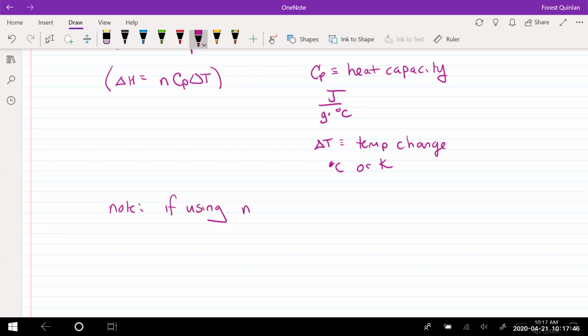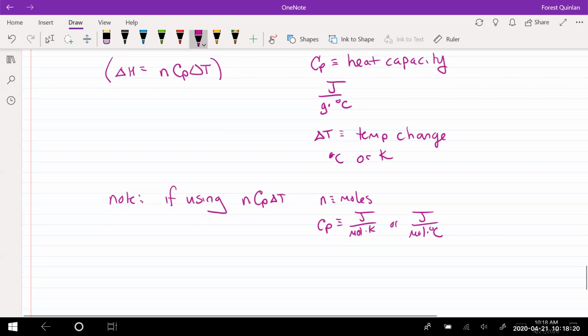If using N CP delta T, N is in moles, and CP will be in joules per mole Kelvin, or joules per mole degree C. So you got to remember that differences in Celsius and differences in Kelvin, it doesn't matter. And this whole idea of a CP, you may also see this if you have ever seen in high school. I'll go ahead and put the other note.